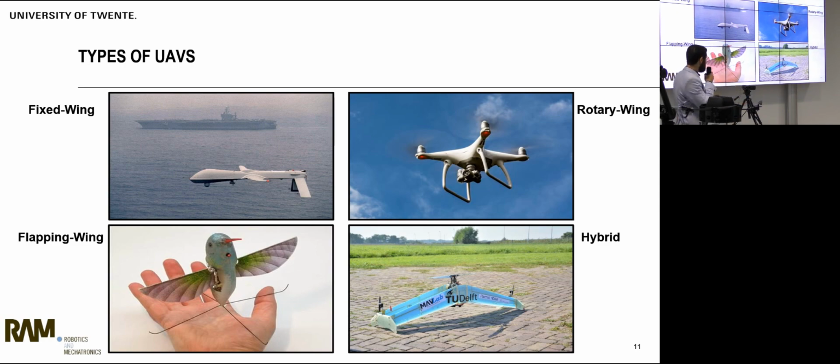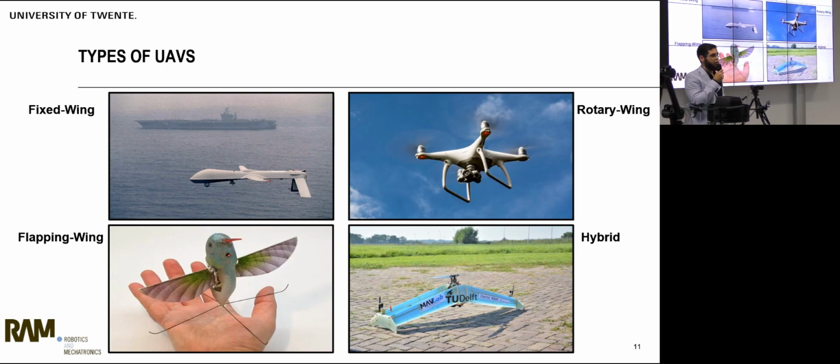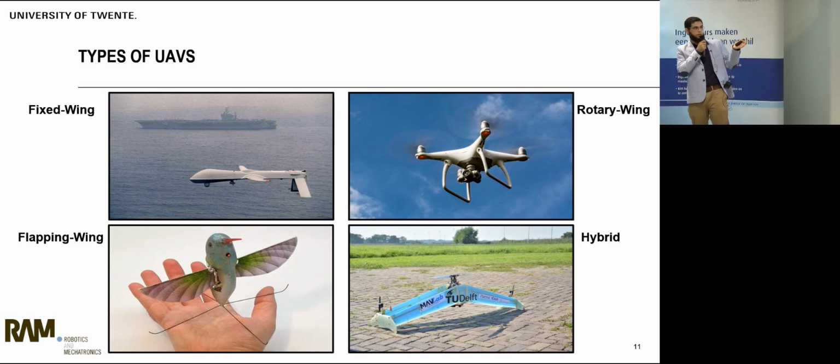Another type is the flapping wing drones, which are inspired from nature, like this one, which is bio-inspired from the hummingbird. And you can have all sorts of hybrid drones. For example, this one is called the tail sitter, and it's a hybrid design between a fixed wing and a rotary wing drone.